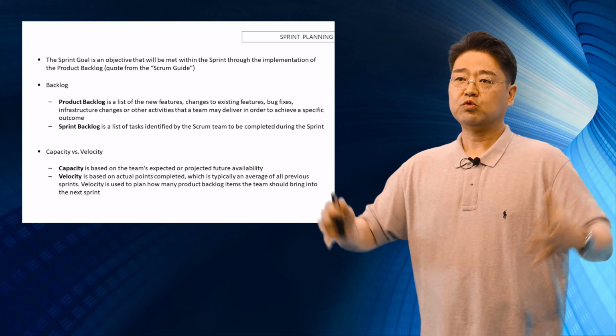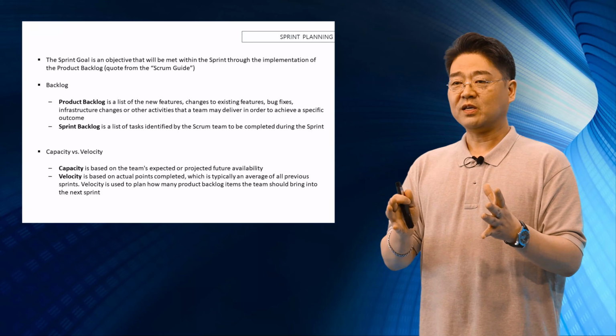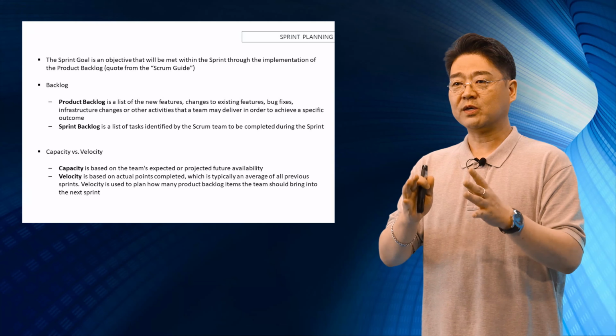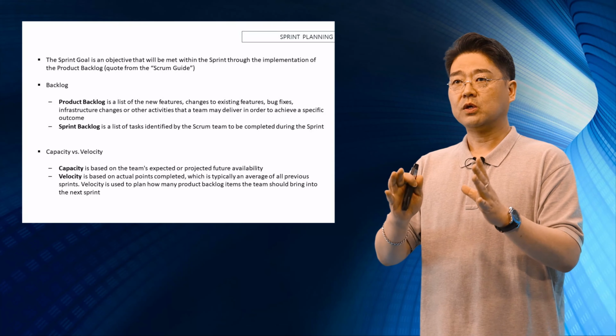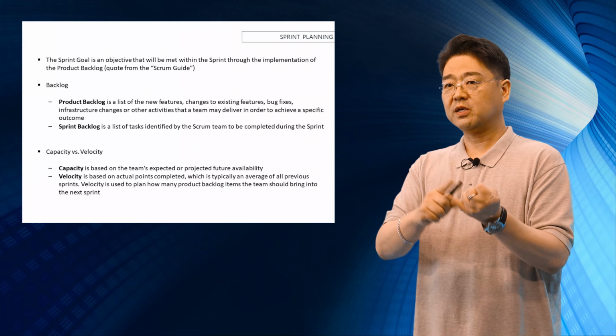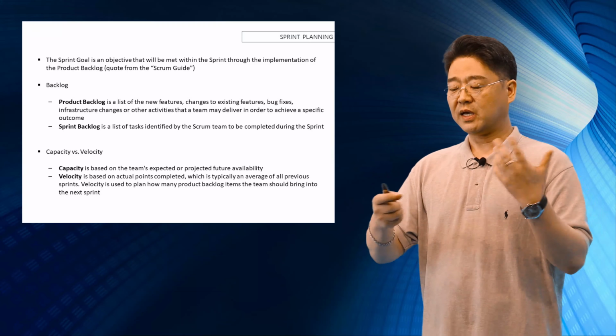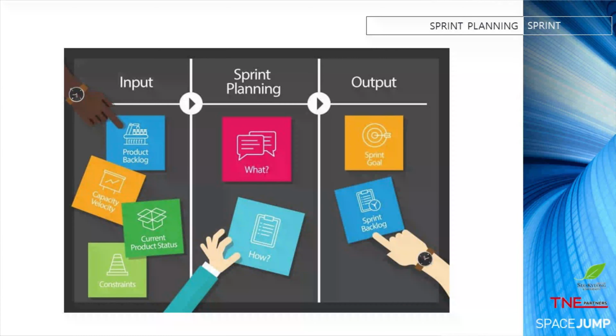Capacity is pretty much resources that we have, what we can do with. Velocity is how quickly and effectively you can finish one task. So sprint goal, product backlog, sprint backlog, capacity and velocity, those are the things that you need to know before you start anything. Now, this picture actually tells you a lot more than what I just described.